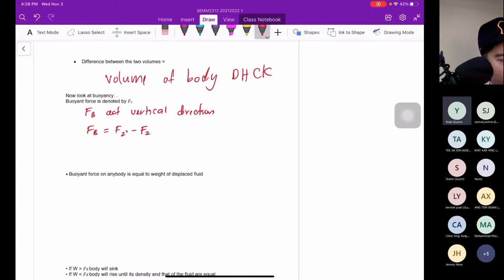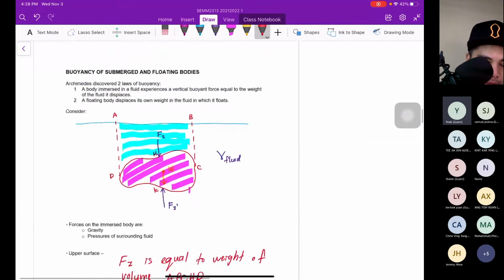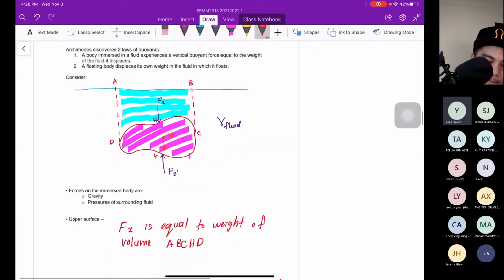So it is basically equal to the weight of the volume DHCK, the pink color. So that means the weight of the pink color is basically equal to the buoyancy.